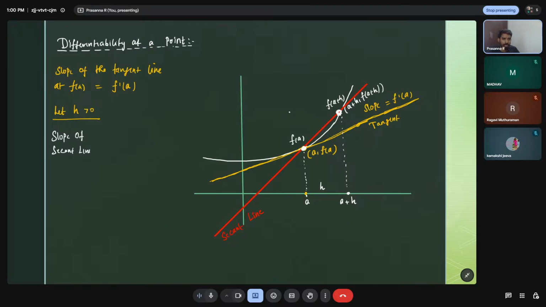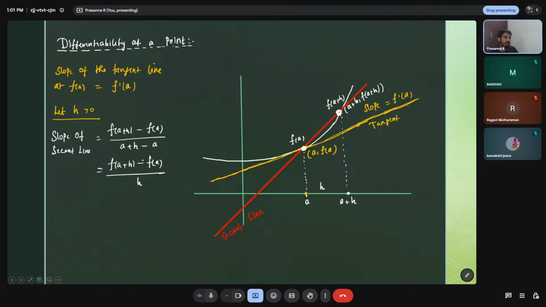Now what is the slope of the secant line? y2 minus y1 divided by x2 minus x1. So the slope of the secant line is f of a plus h minus f of a divided by h, right?